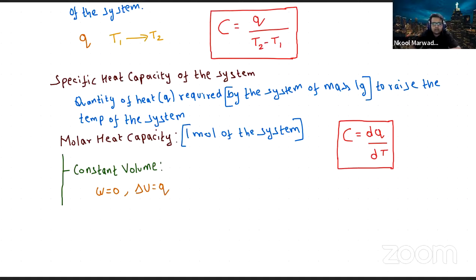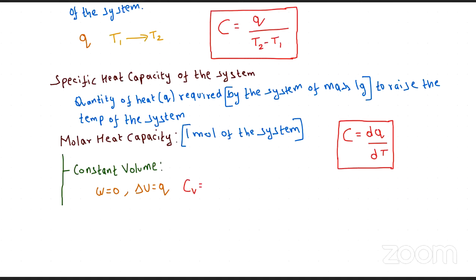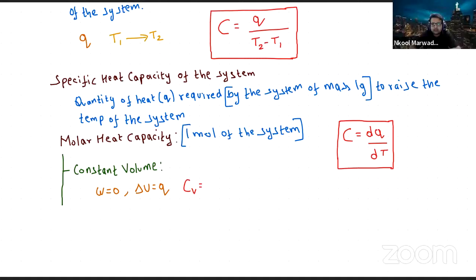And hence, molar heat capacity, which we call CV, where CV means molar heat capacity at constant volume, will become, instead of Q, I can write delta U. So the partial derivative of internal energy with respect to temperature. This is applicable for constant volume.